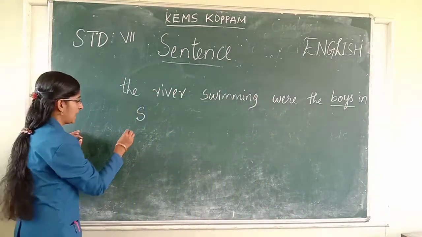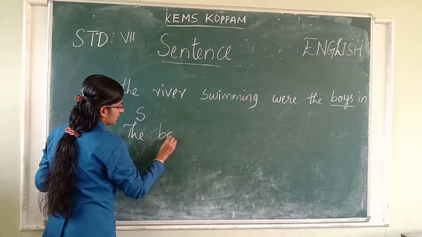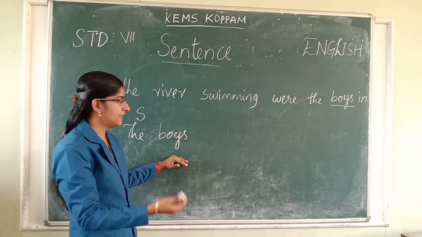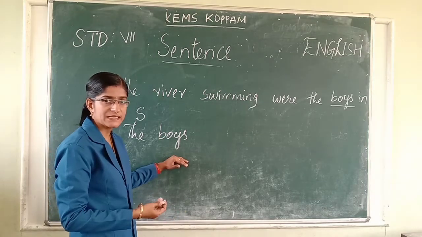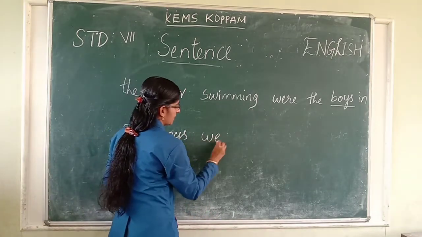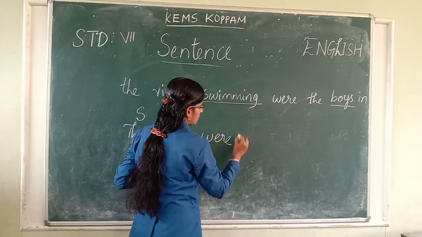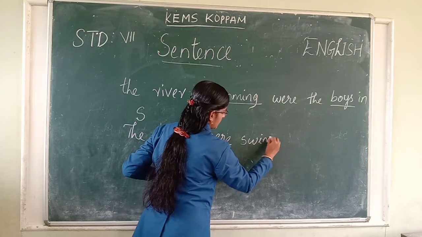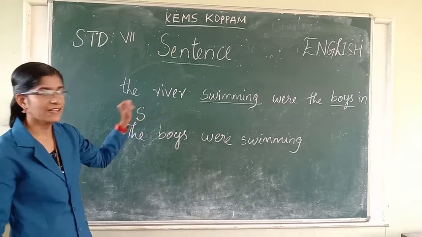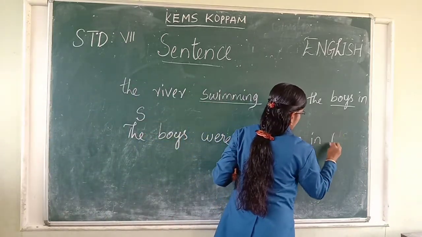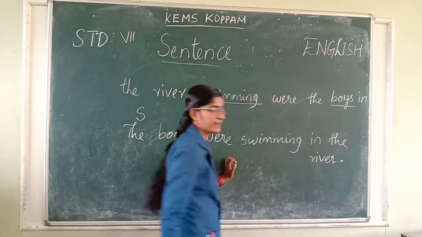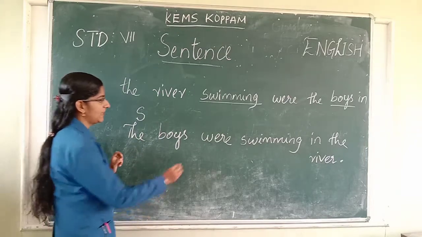So we write the subject, the boys. Then if there is an auxiliary verb, we write it. What is that? Were. The boys were. What is the main verb? Swimming. The boys were swimming in the river. Full stop. Okay. Now it is a sentence.